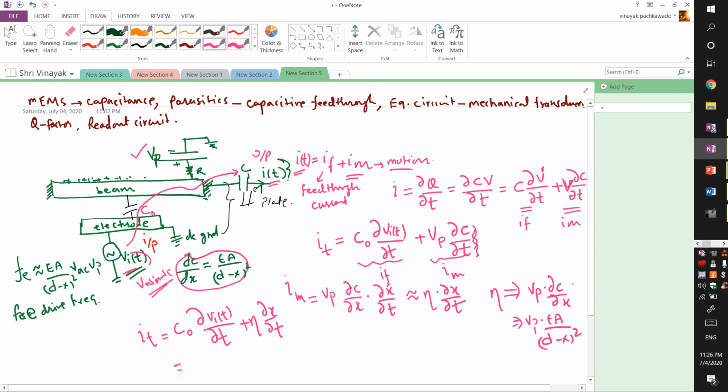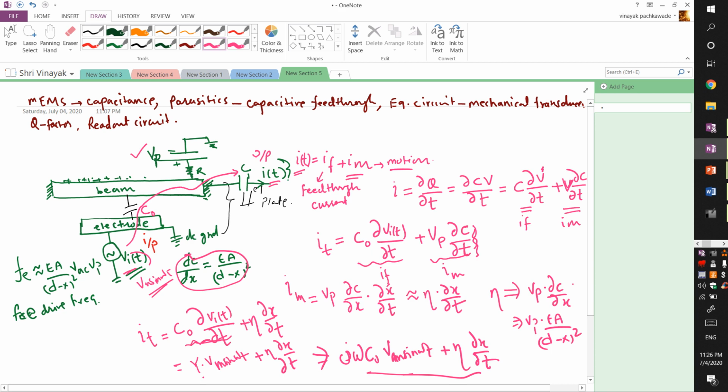And we can furthermore write this feed through current as admittance into the voltage, which is Vm sine omega t, where the admittance of the capacitance is j omega C0. So i = j omega C0 Vm sine omega t plus eta into dx/dt. So that is how it goes.